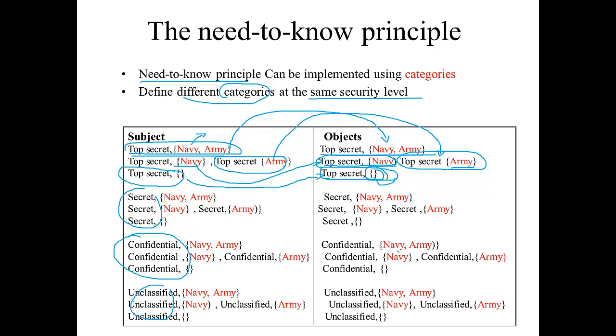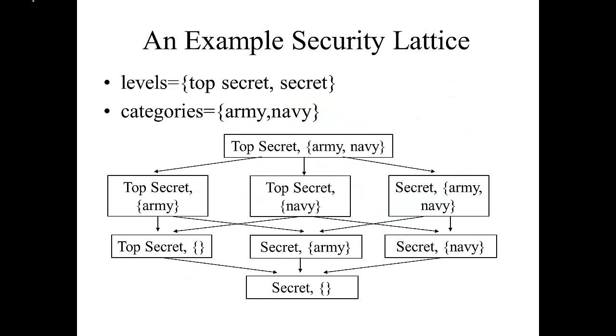So how do we determine which level and category is higher than other levels and categories? That's important. In order to do that, we can use the security lattice model to model the levels and categories. For example, we have two levels and two categories.